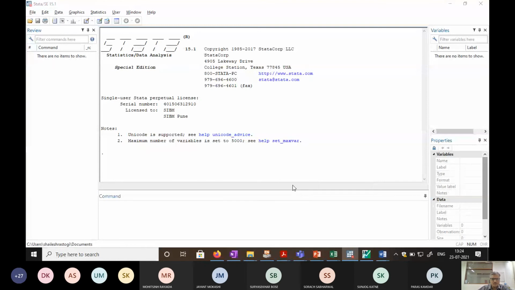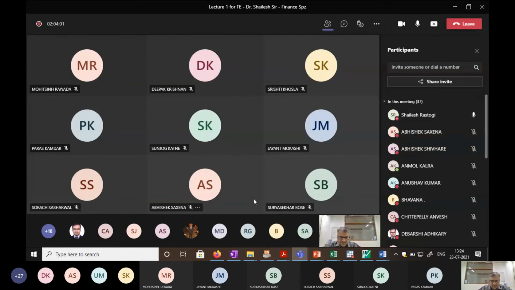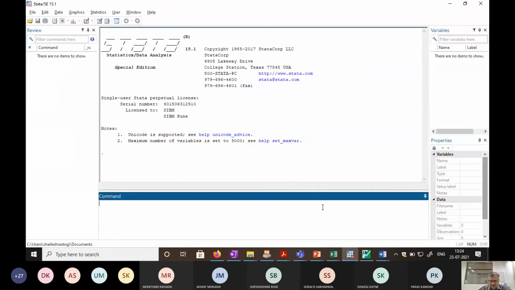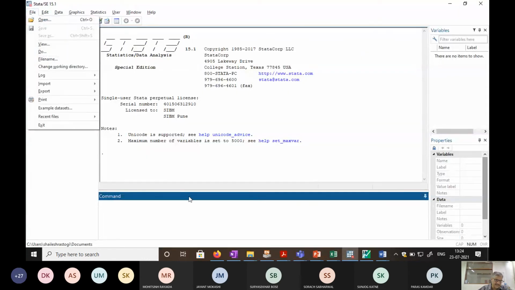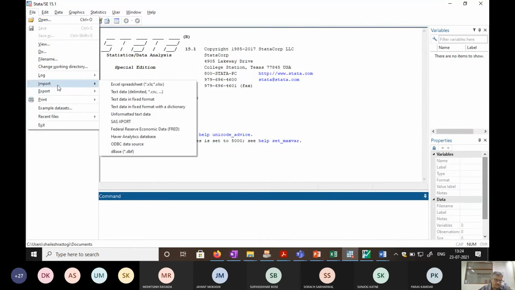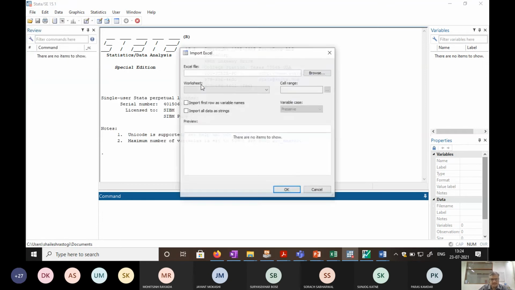So if you have this with you, all of you, I believe the rest of you are having this ready. Go to File, and you have the import option and then Excel spreadsheet. Can you go up to this? Click it.